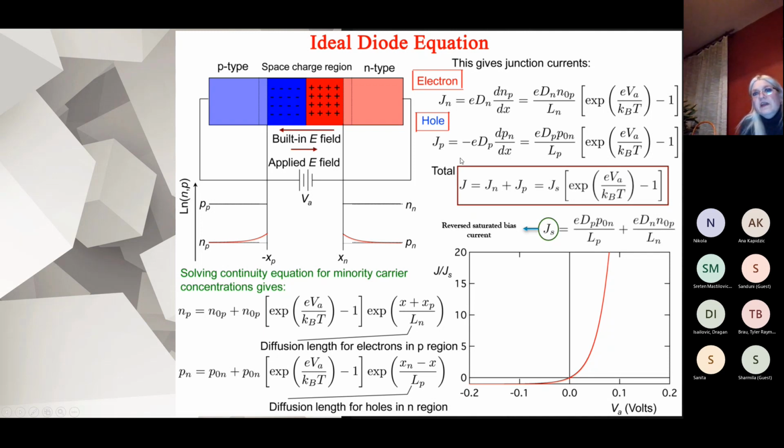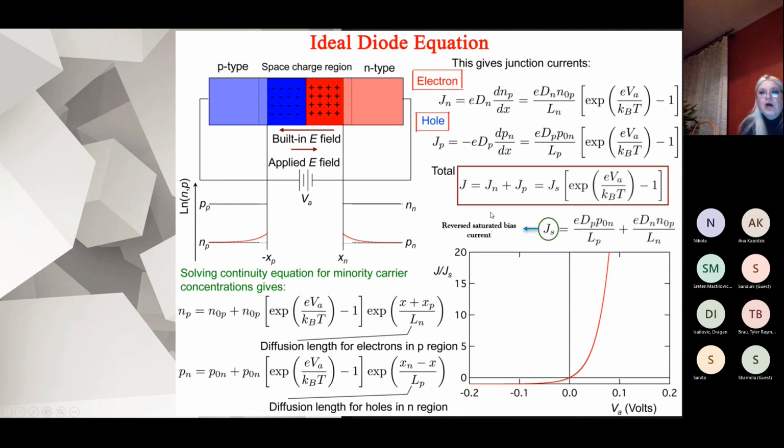And for the holes it will be completely the same, just here we're going to have a minus because the charge of the hole is positive, but here we have a negative diffusion coefficient and concentration gradient. Now it will be the diffusion coefficient for the holes, and the diffusion length for holes in the n region, and of course the applied voltage.